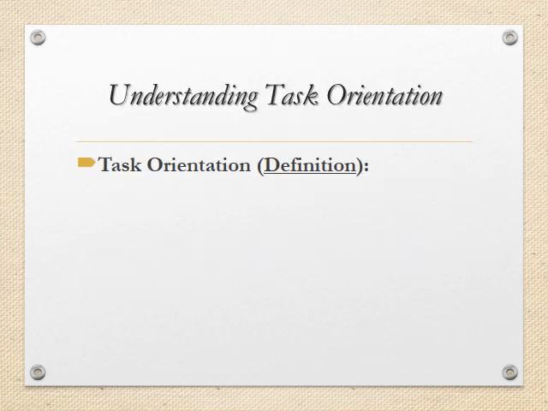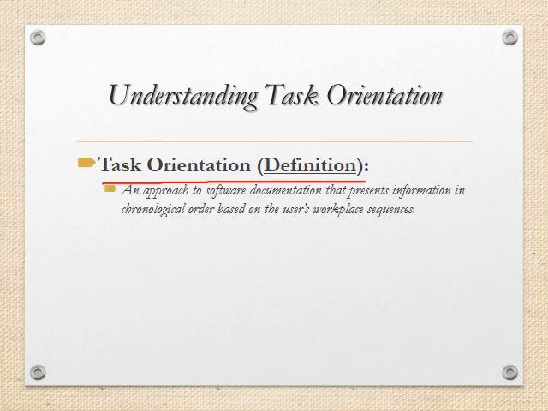Now, what do we mean by task orientation? What's the right definition for task orientation? First, we have to ask ourselves, what is task-oriented documentation? Task-oriented documentation is really the challenge of creating documentation that looks at the process of writing and finds ways to learn about the user.